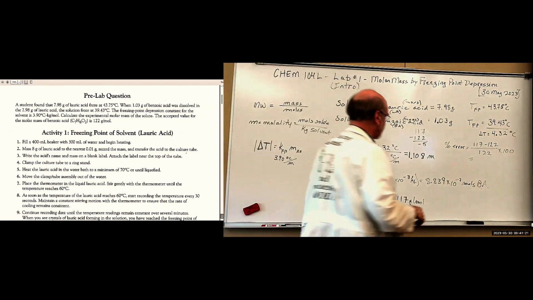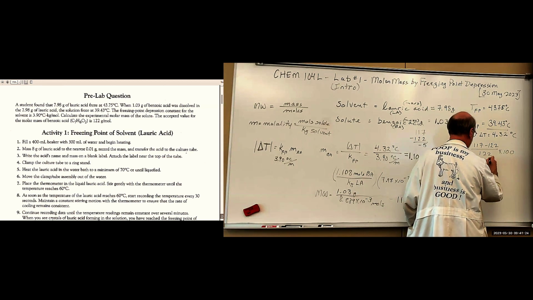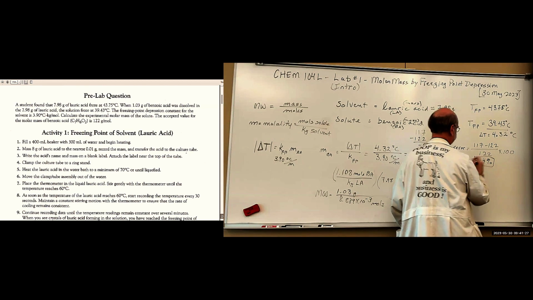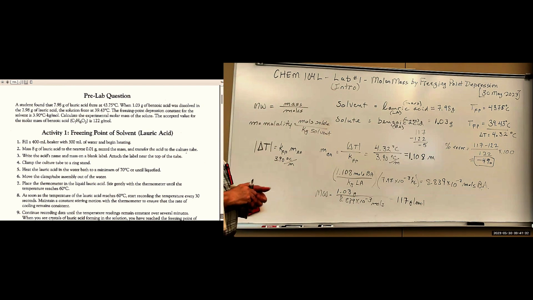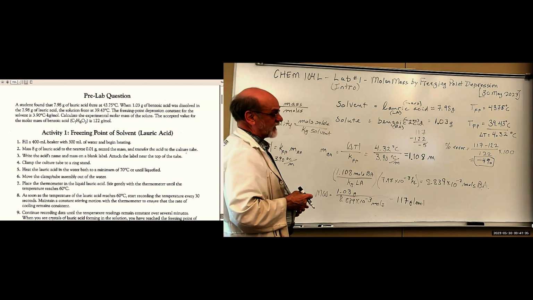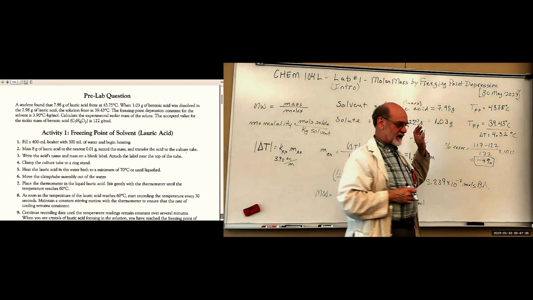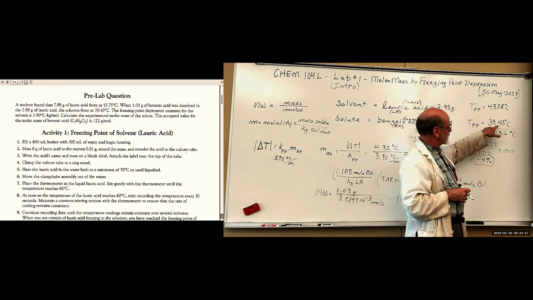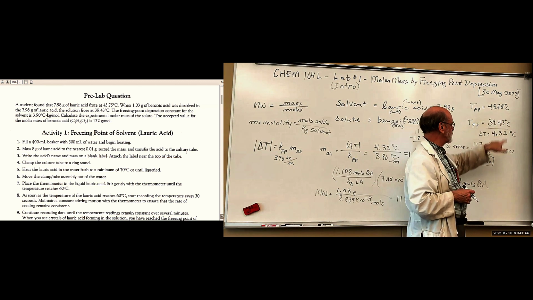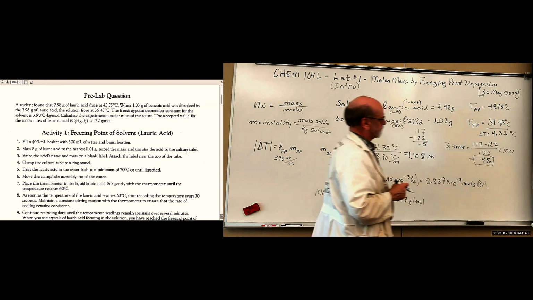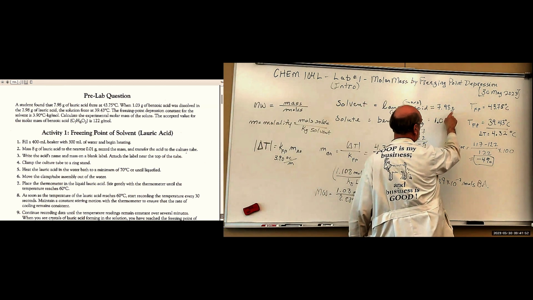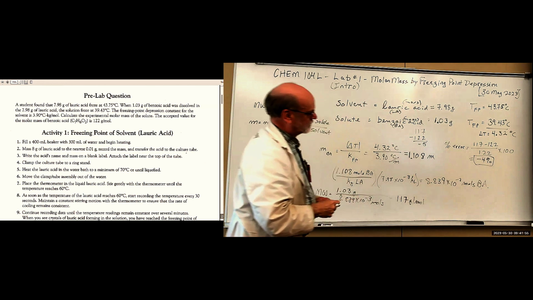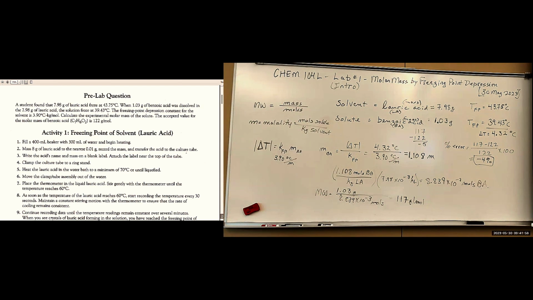So rounded off, it's minus 4%. It's not too bad. Actually, it's really not that good for a researcher who can determine temperature to 2 decimal places and they still get that far away. Okay, so maybe what they needed was to measure these out to another decimal place. That would help. Anyway, that's it. That's the pre-lab question.